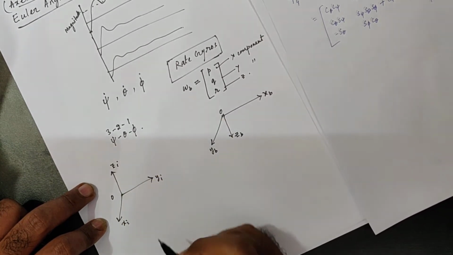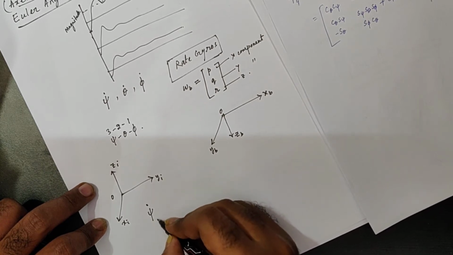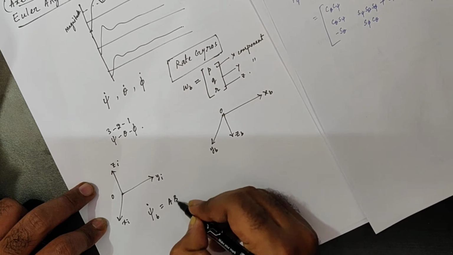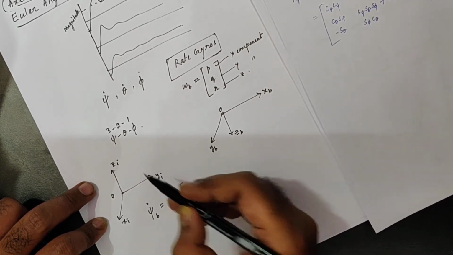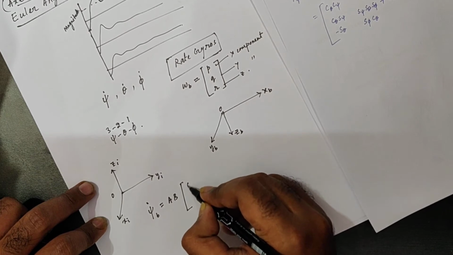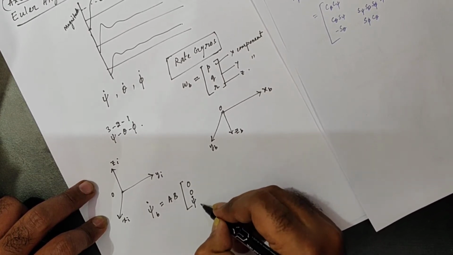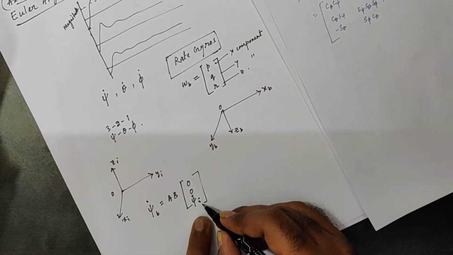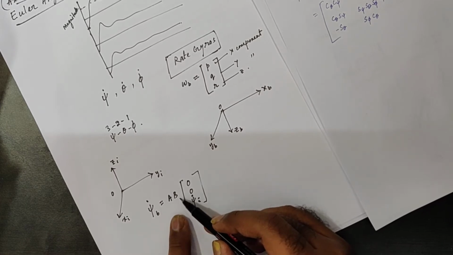We will proceed with psi first. So psi dot b will be equal to A B and then the inertial frame vector, so 0 0 psi dot i, right? So this is psi dot i and this is psi dot b, and these are A B.